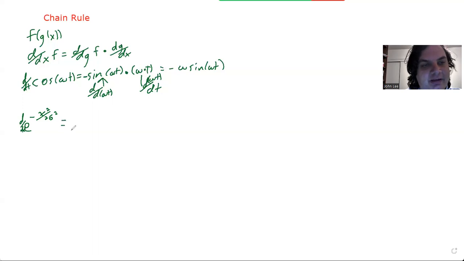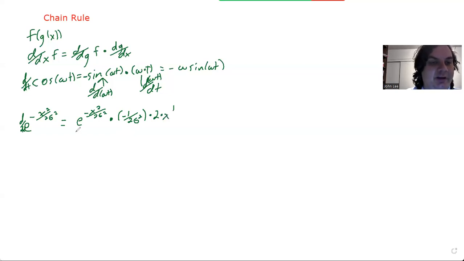If we take the derivative of that, then it's going to be e to the negative x squared over 2 sigma squared times negative 1 over 2 sigma squared times 2 times x to the 1, because the derivative of an exponential is just itself.